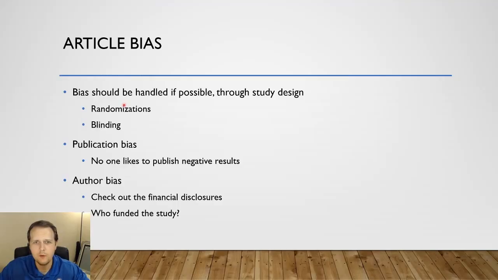The other thing to consider is who funded the study. I found a really good example of this not too long ago on the science subreddit, if you're familiar with the website Reddit. They had a post saying that if you eat 100 grams of blueberries, it'll cut down your risk of death or something. When you got into the article itself, they were looking at morbidly obese people eating 100 grams of blueberries versus not.